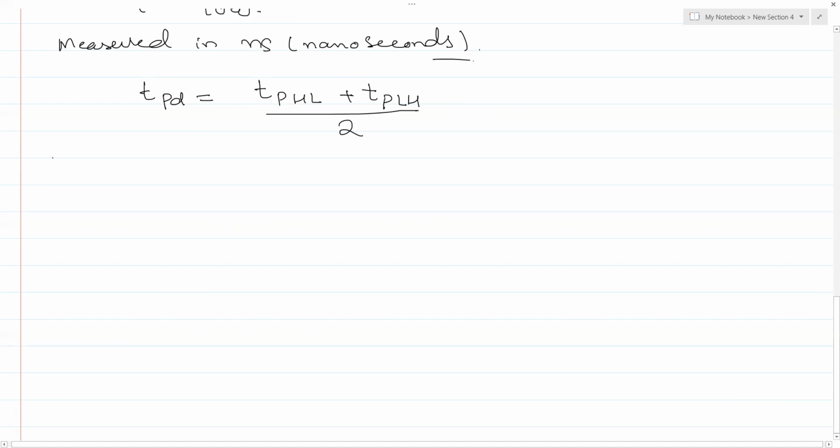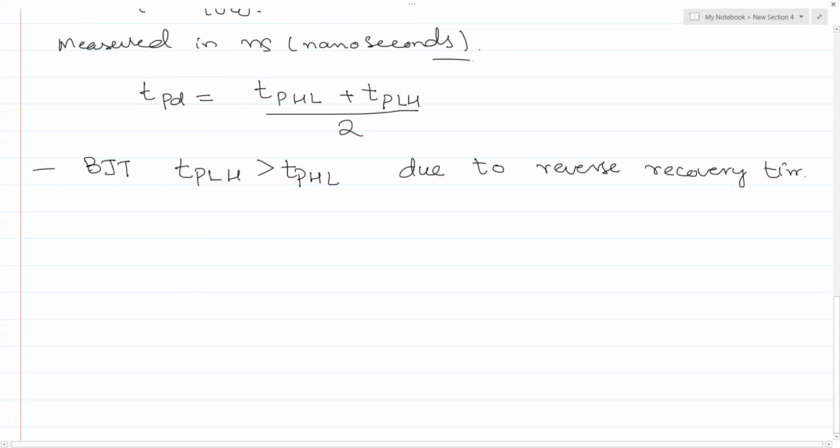So I will note down certain things about BJT, that means bipolar junction transistor. In BJT, TPLH will always be greater than TPHL. Why? Because of reverse recovery time.